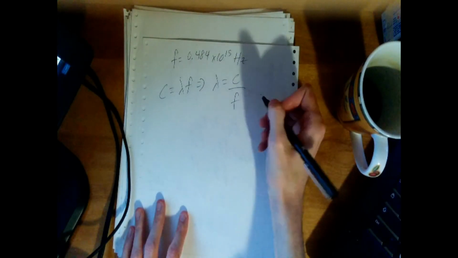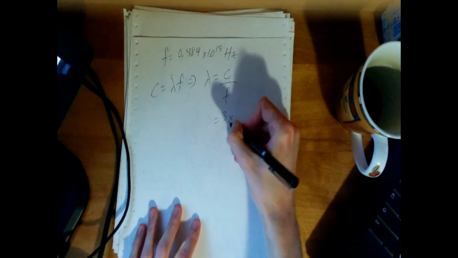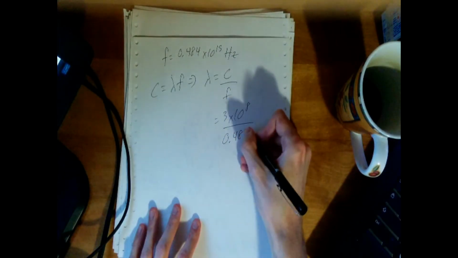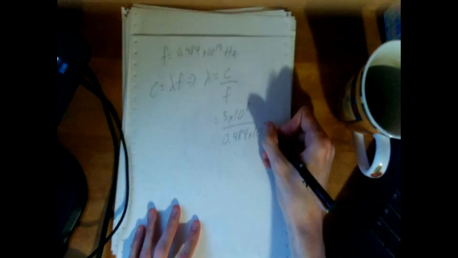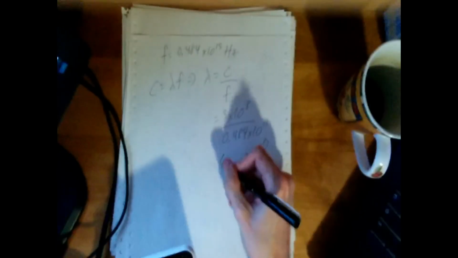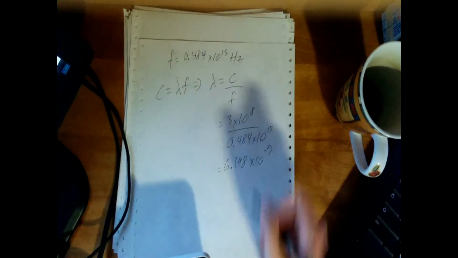So the wavelength is C over F, 3 times 10 to the power 8 over our answer. Again, we'll have something times 10 to the power minus 7. Because I rounded, I might be less precise, but it should be 6.198 meters.